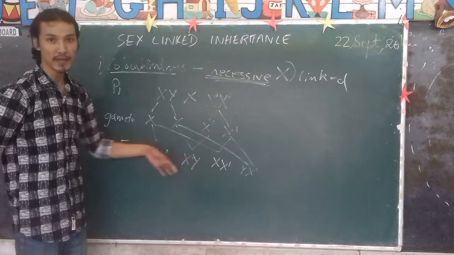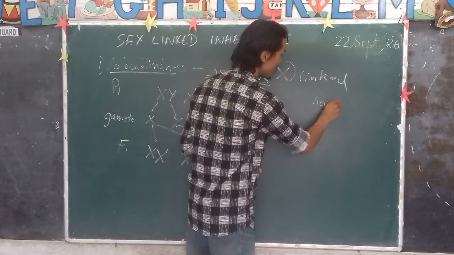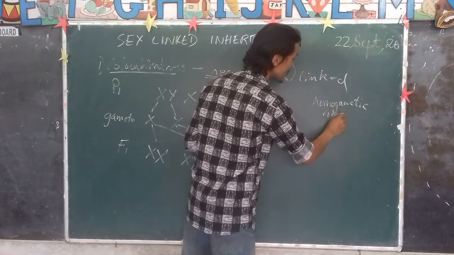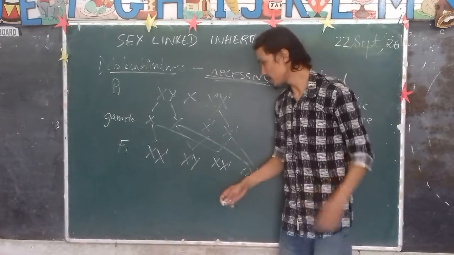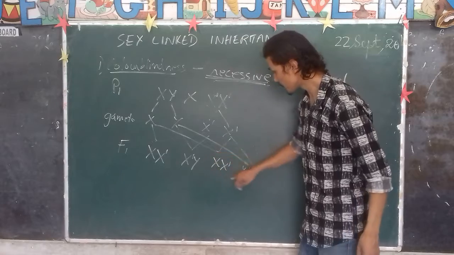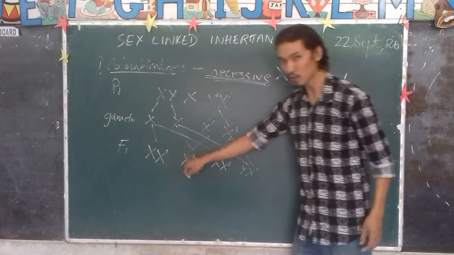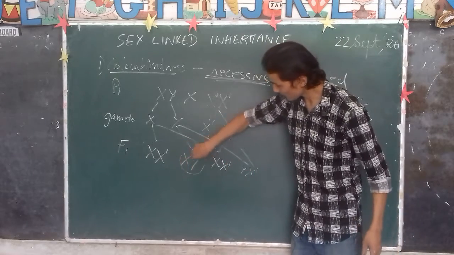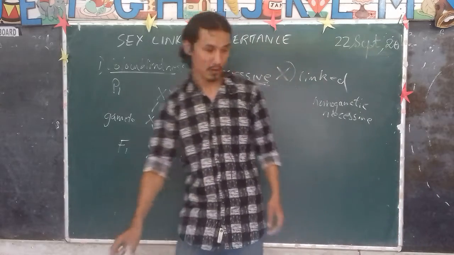In order for a recessive character to be expressed, both characters have to be in the homozygous recessive condition. So this individual is a female carrier. Similarly, this individual is also a female carrier. But the males have only one X chromosome, and that X chromosome comes from the mother, which means the males are color blind.